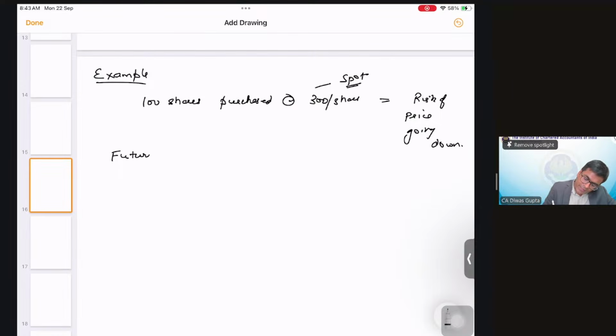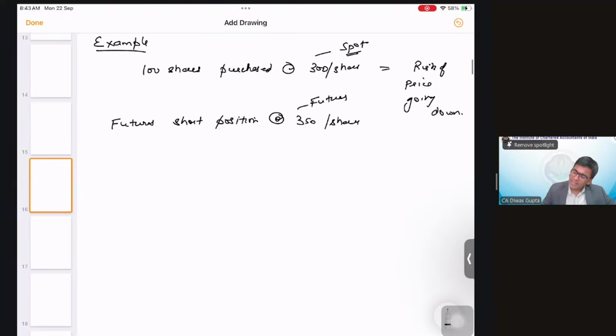Using futures, as we discussed, we will take a short position, and let's say the current price at which the futures are trading is 350 per share. This has happened in the futures market, specifically under hedging.